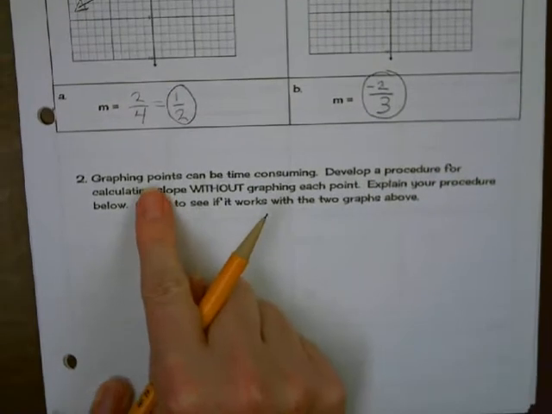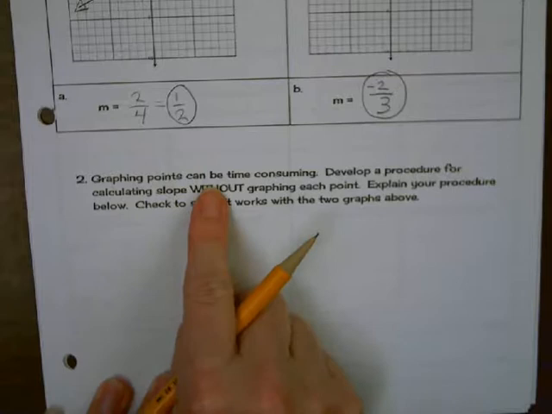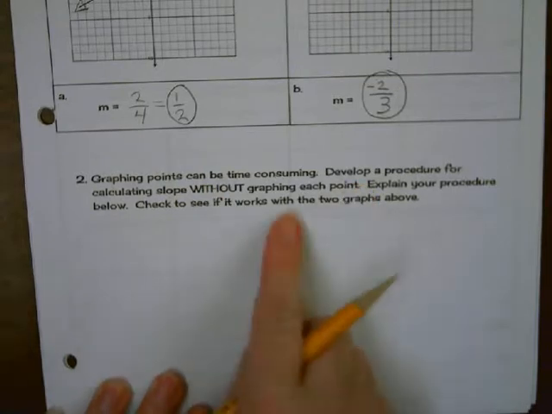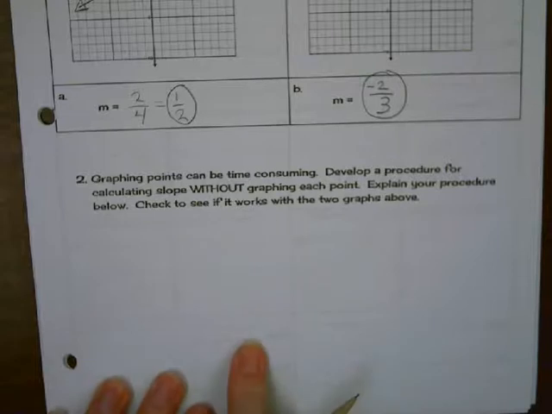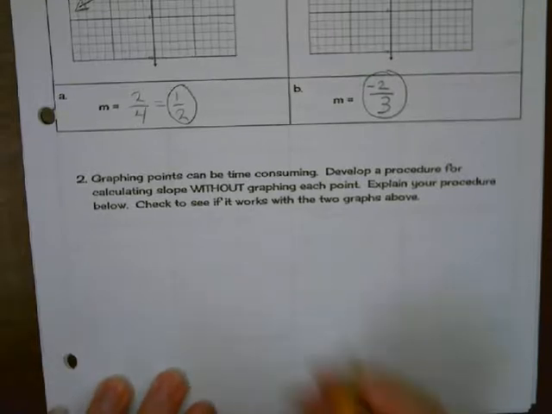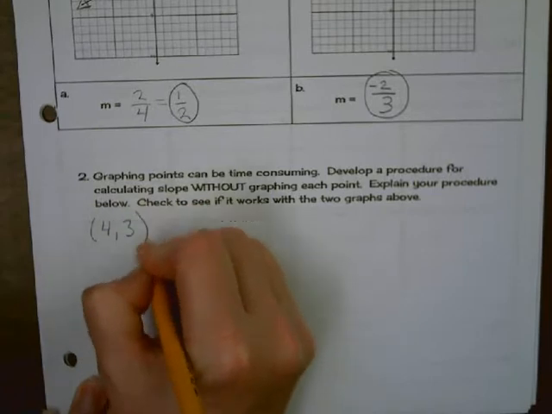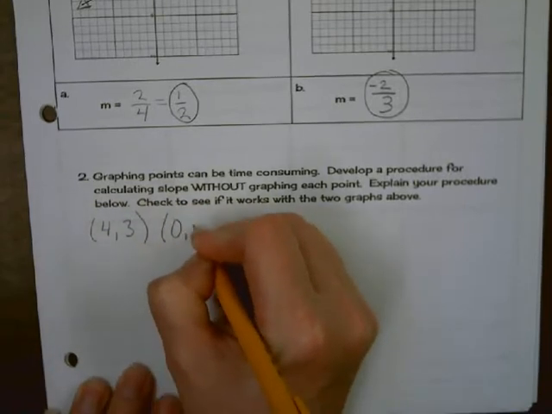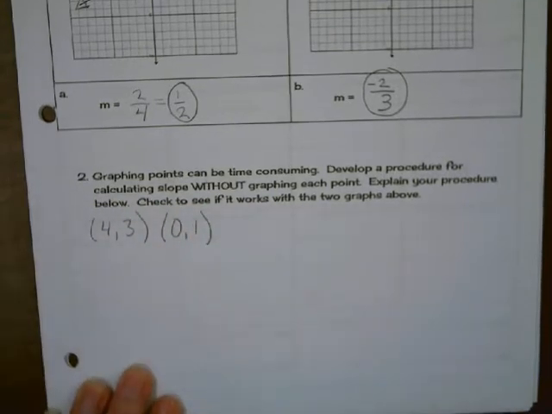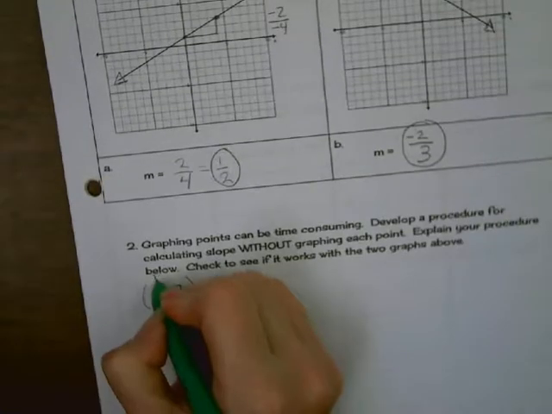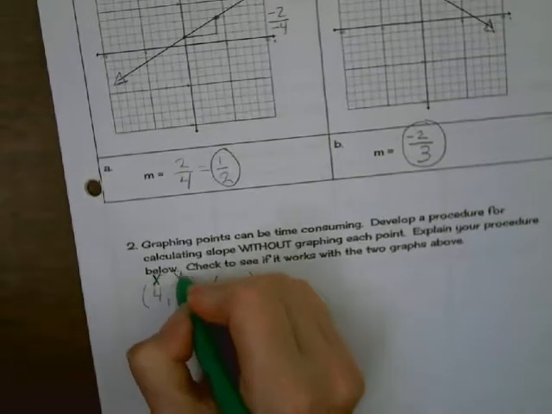But we don't want to have to graph points. We're going to come up with a procedure. I am going to come up with a procedure for you. So when we had our point, we had an x and a y point, correct?